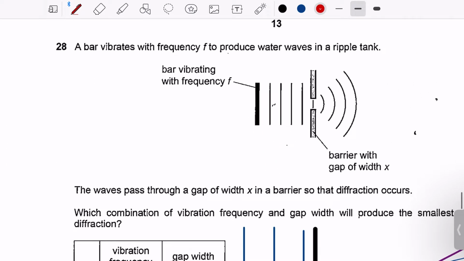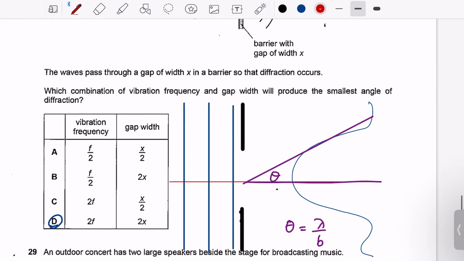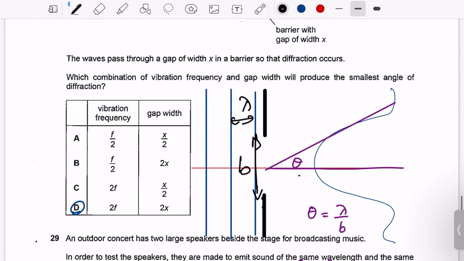Question 28. This is a very good question again. How much a wave diffracts depends on two factors. What are those? It depends on the size of the gap and it depends on the wavelength of the wave. Now think about this. Let's think this wave spreads out and the intensity and distance graph for this situation is like this.